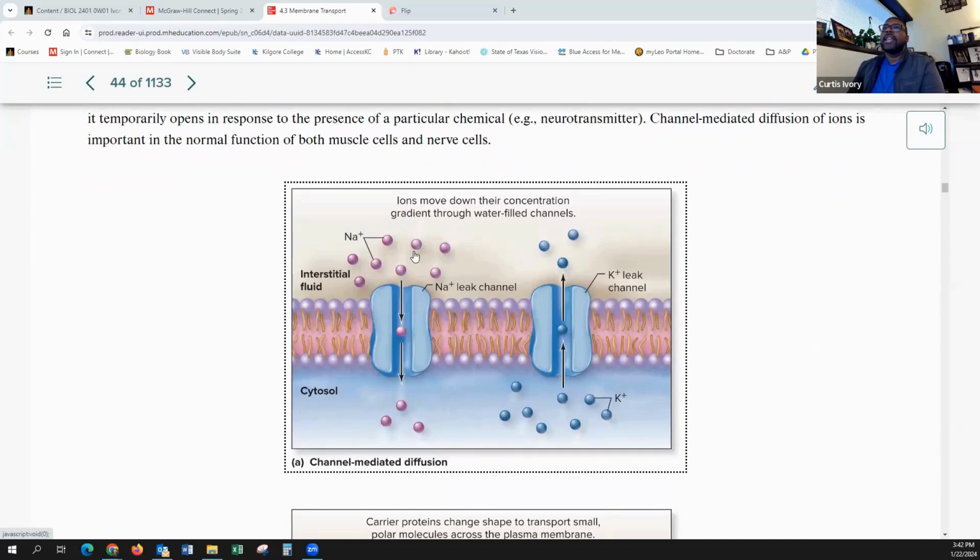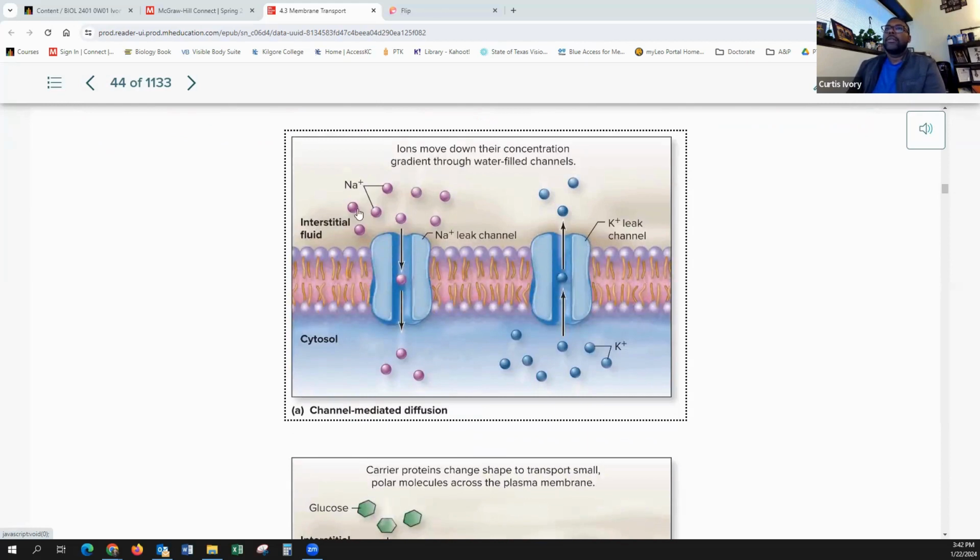So here you actually see ions or elements that we saw in chapter 2 moving across the membrane. In order to do that, they have to have a secret passageway or a channel that allows things to pass through. Here you're seeing things move down their concentration gradient.